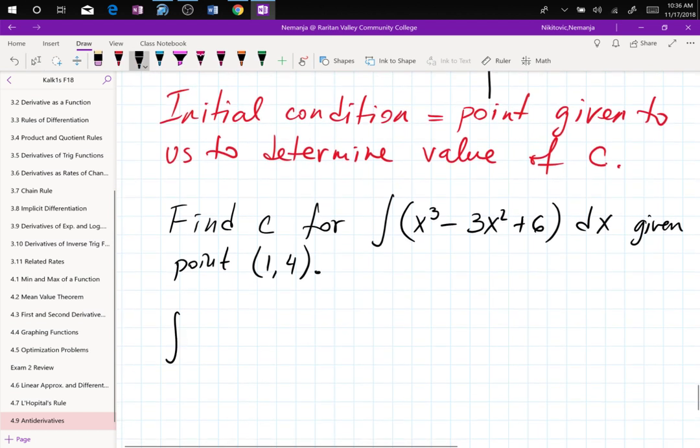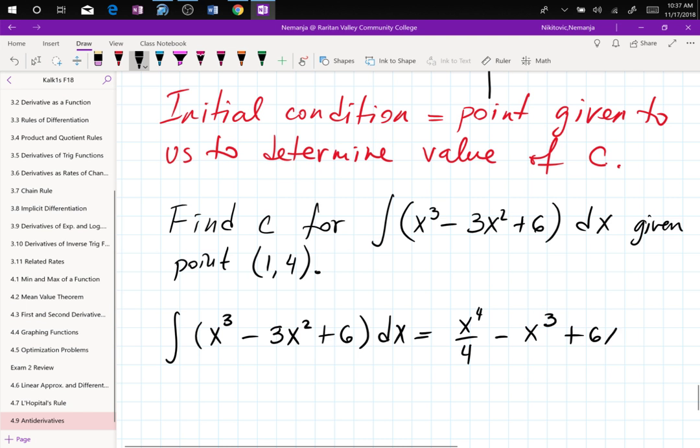Well, we have to integrate. We know how to integrate because all we need to do is do what we did before, one by one. Sorry, supposed to say x cubed. X to the 4 over 4 minus x cubed, because the 3 would cancel there, plus 6x plus c.